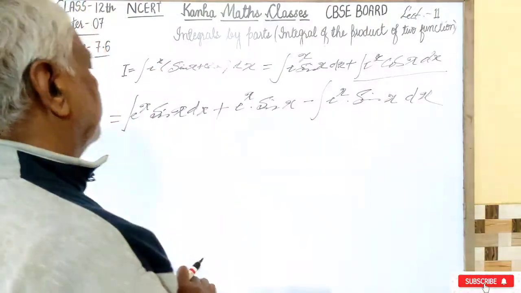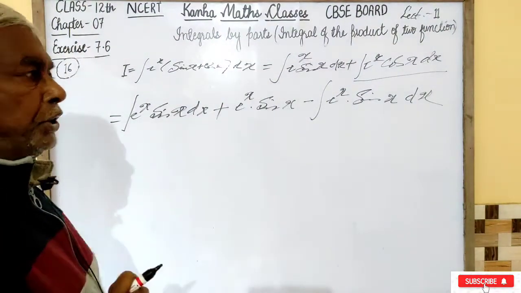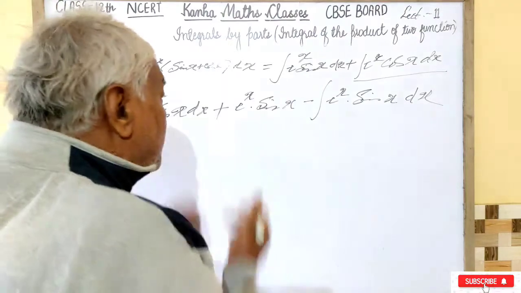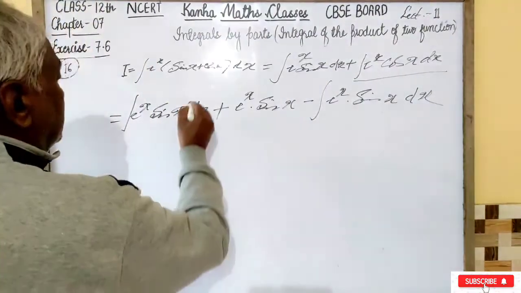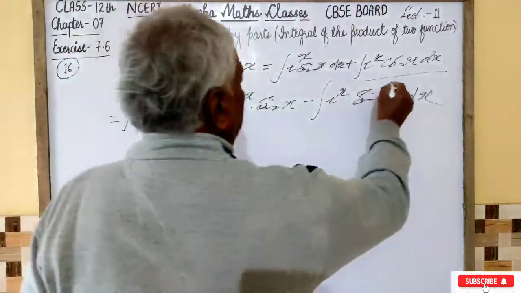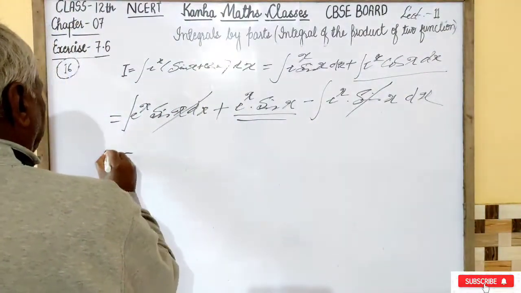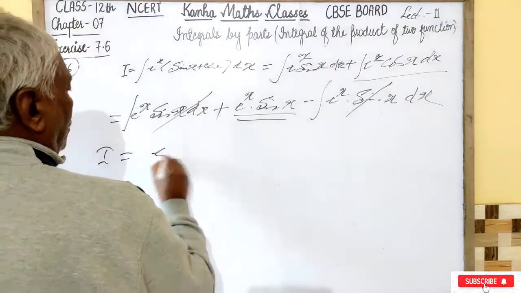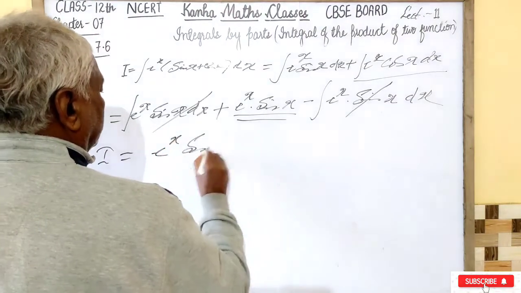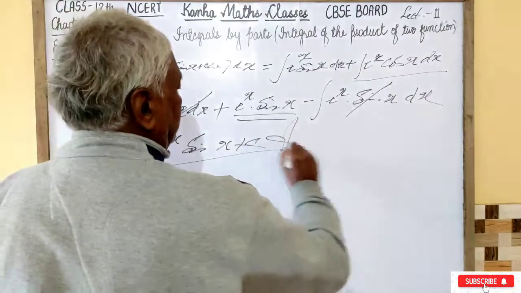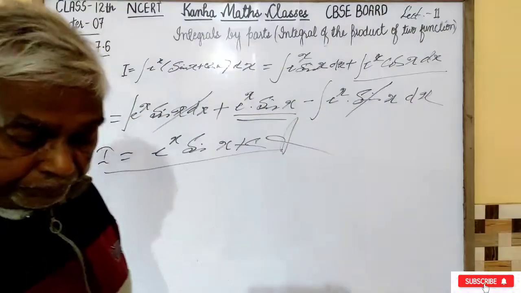If you observe this step very minutely, you will be astonished to know that you have already got the exact solution, because this is cut by this, and the remaining will be the requisite answer, that is I is equal to e^x sin x plus C. This will be the requisite answer of the integral.